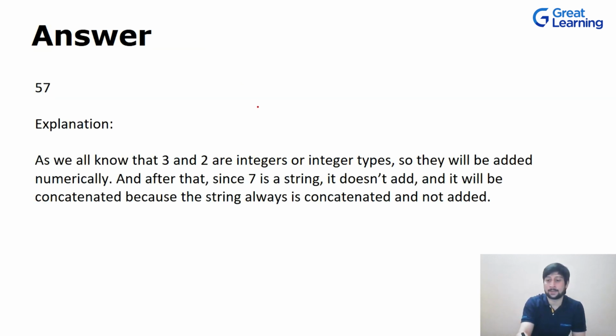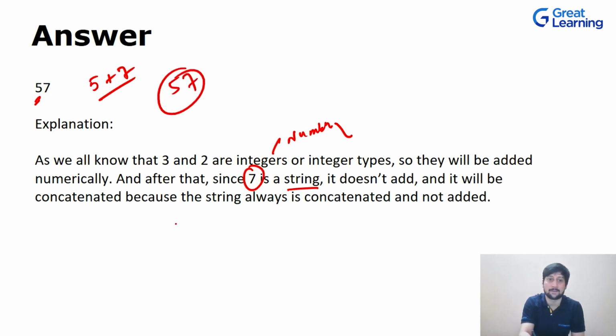We are adding 3 and 2, which are integers, or you can say the data type is number, and we are adding them numerically, that means we are getting 5, and then we are concatenating it with the string which is 7. The output is concatenated, that means 5 and 7 will be concatenated, and you will get the output as 57, which is a string, a concatenated string, not added together.